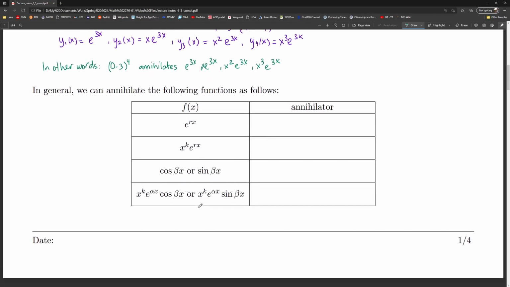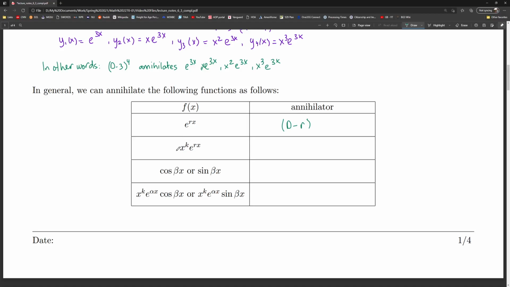Now, in general, we can annihilate the following functions. E to the power rx will be annihilated by D minus r.